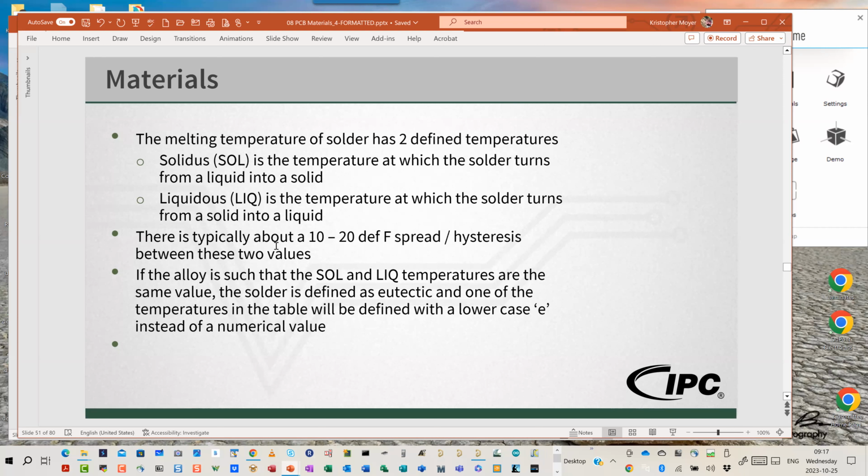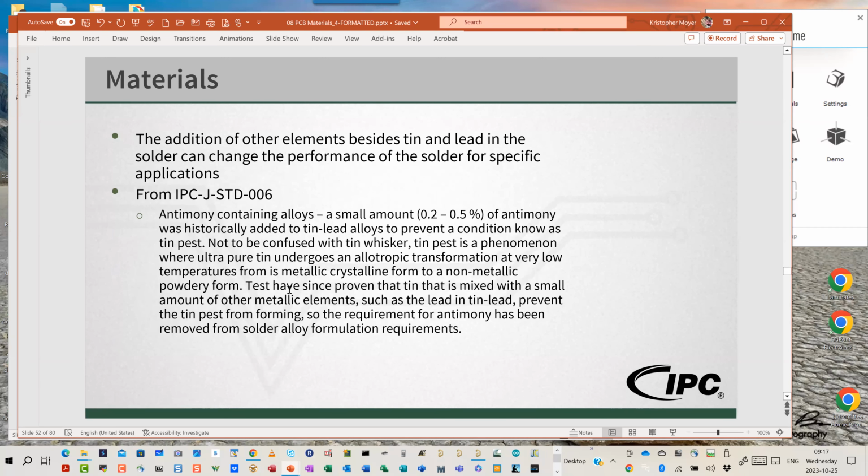For the ones with hysteresis, there's typically about a 10 to 20 degree F spread or hysteresis between these. However, if the alloy is formulated in such a way that the solidus and liquidus temperatures are the same value, the solder is said to be defined as eutectic, and one of the values in the table will be defined with a lowercase e instead of a numerical value.